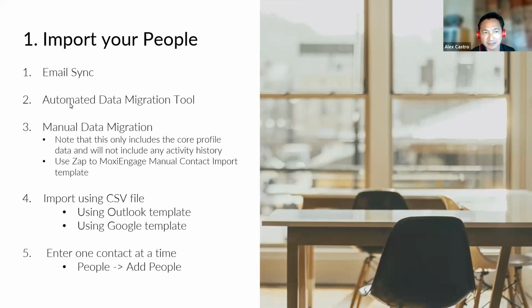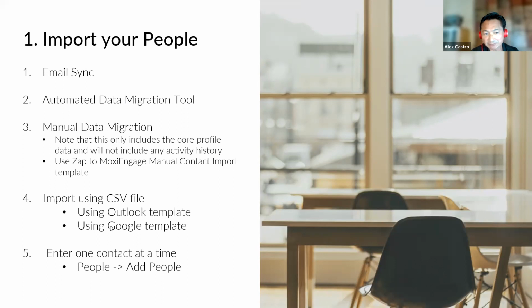Email sync, automated data migration tool for those of you who are on Zap previously, or InTouch, Market Leader, Business Builder. And then we have a manual data migration, import using the CSV file, or comma separated value, okay?